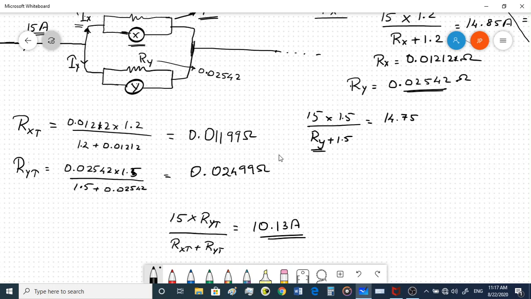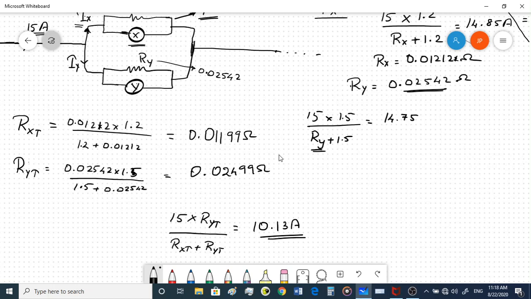So when you have these connections in parallel, the Y ammeter and the X ammeter with their shunts, you will finally end up with this value of 10.13 amperes detected by the X ammeter, and the Y ammeter will be detecting the rest of the current, which is 15 minus 10.13 amperes, around 4.87 or 4.86 amperes.